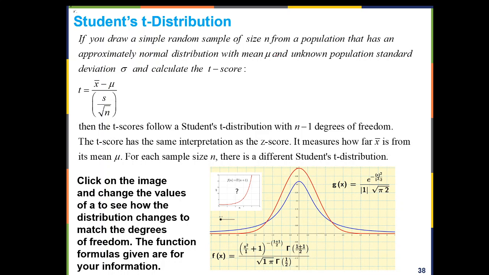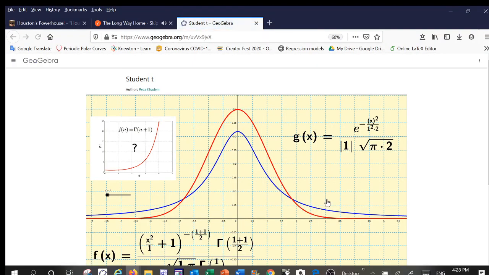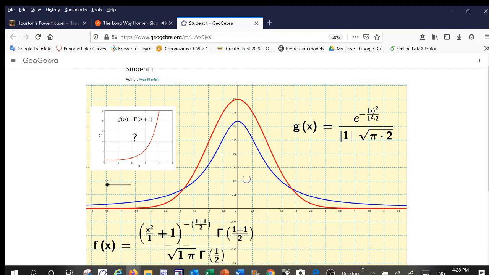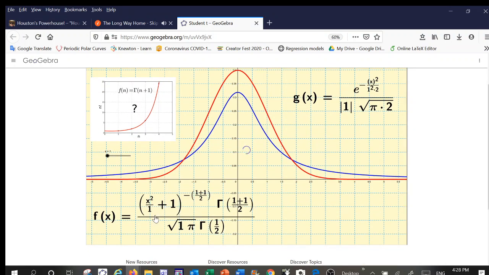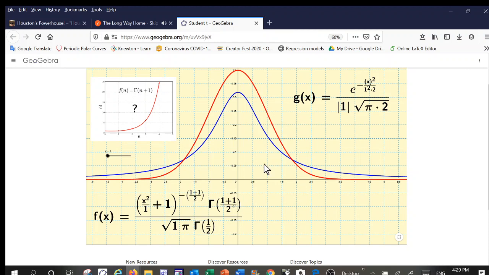All right, so let me show you this distribution right here. You don't have to know the mathematical formula for it, but this is the mathematical formula for t distribution, and that's the mathematical formula for normal distribution. The red one is normal, the blue one is t.